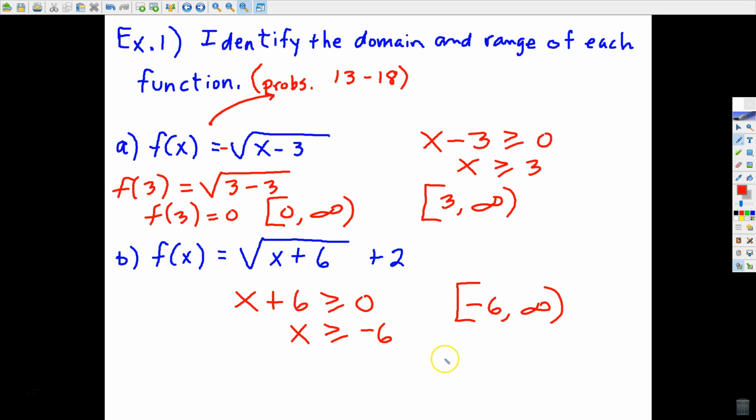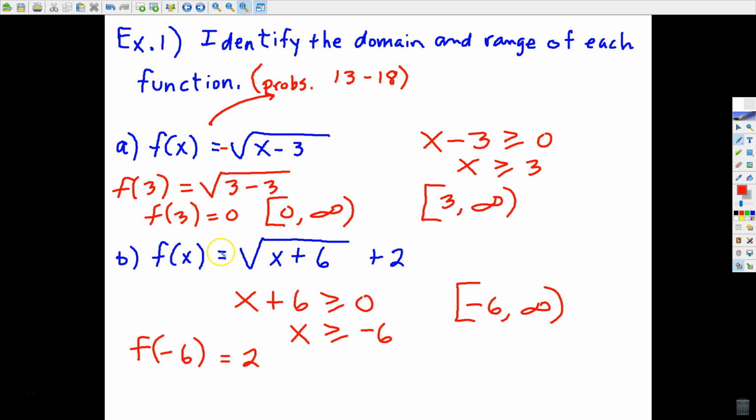To find the range, take your value that you got in your domain inequality and just plug that in, evaluate the function using that number. Let's find f of negative 6. Well, if you do f of negative 6, that's going to be the square root of 0, which is 0, and 0 plus 2 is 2.